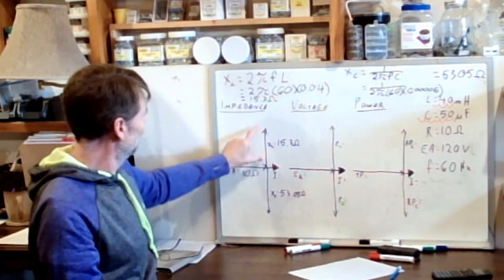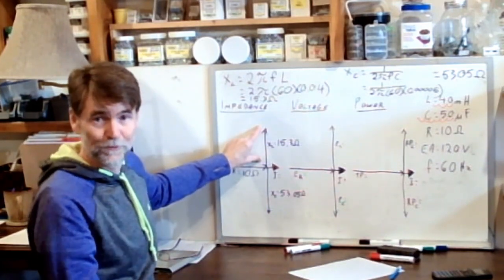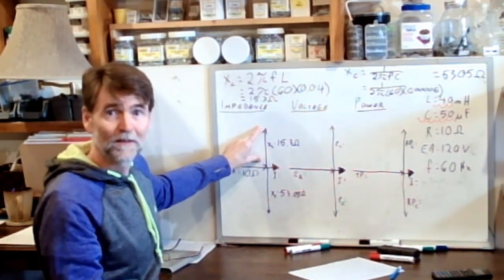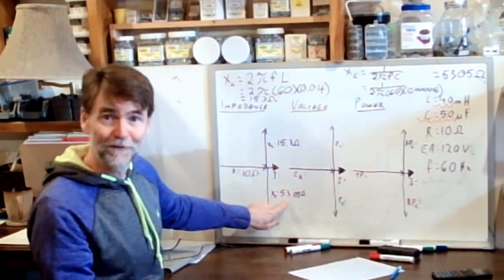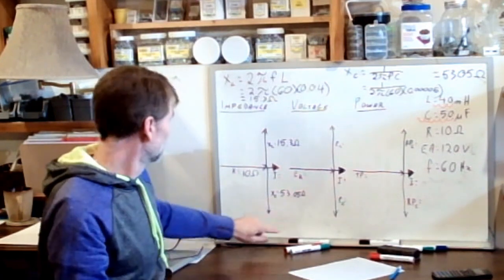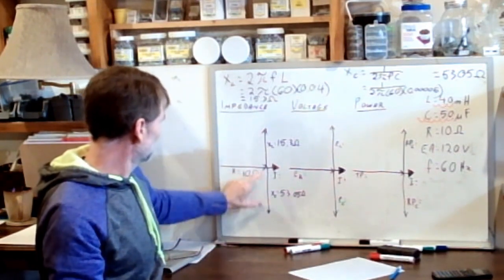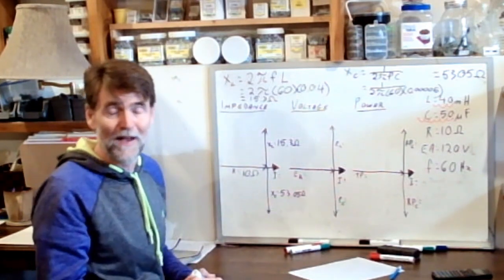So now, tell me what our triangles are going to look like. I drew this vector and this vector roughly the same length because I didn't know what to expect. Now I have some numbers. 15 compared to 53. So this vector is really very short compared to a very long vector here.